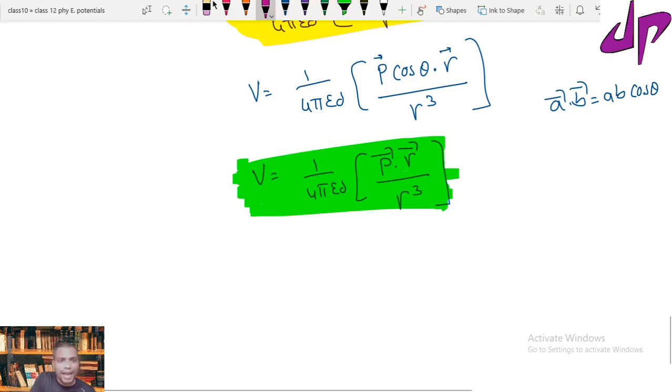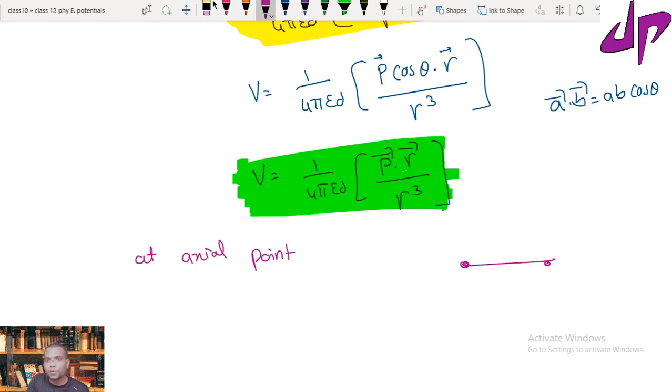So to find it at the axial point, what is the angle between P and r? What is the axial point? Taking the two charges, the axial point is along this direction. So the position vector and the dipole moment direction are both in the same direction.